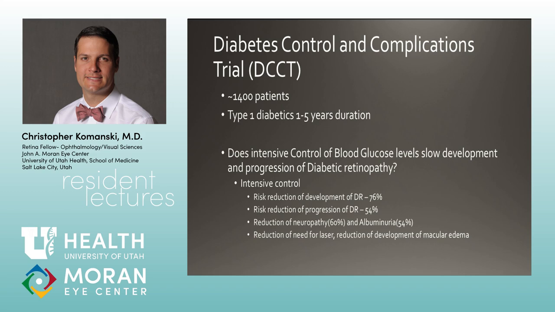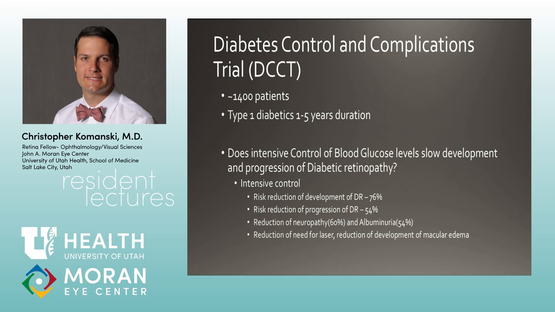So then there's the Diabetes Control and Complications Trial, which looked at type 1 diabetics for 1 to 5 years. If you can control their blood glucose, does it affect the progression of diabetic retinopathy? And the answer is resoundingly yes.